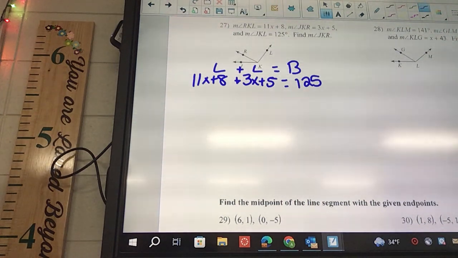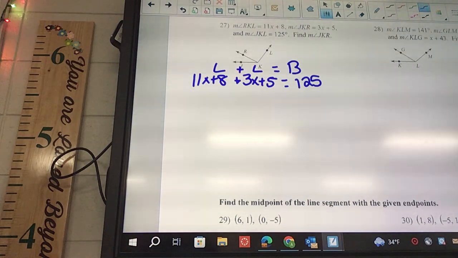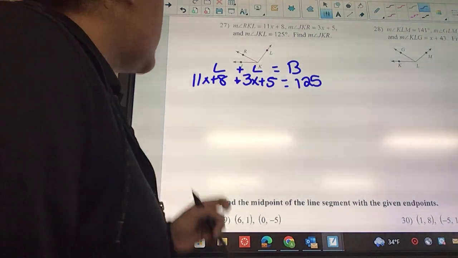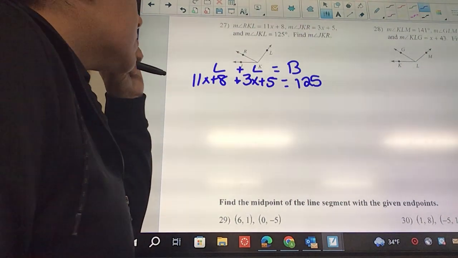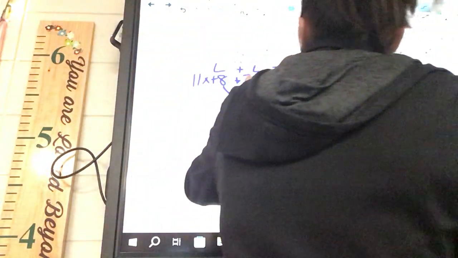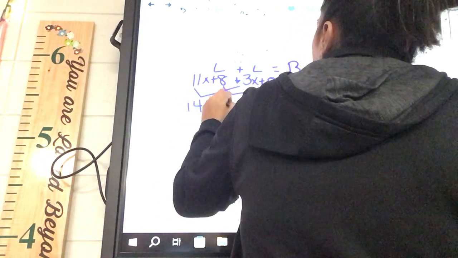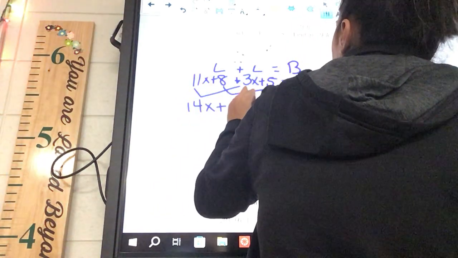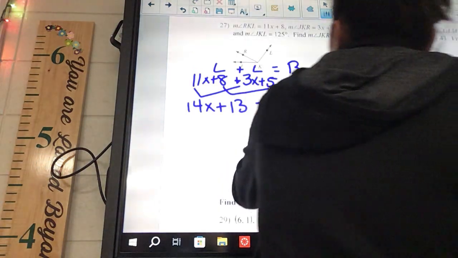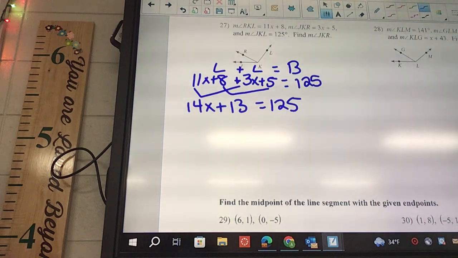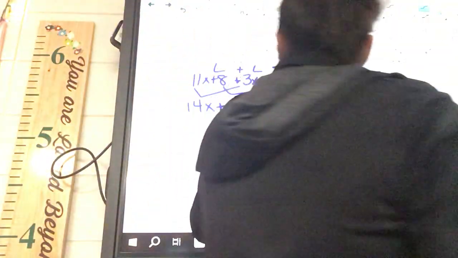Okay, so then what needs done? Add up the numbers. Combine. So I can combine what and what? 8 and 5. What is 8 plus 5? 13. So I'm gonna get 14X plus 13 equals 125. Then subtract from both sides.